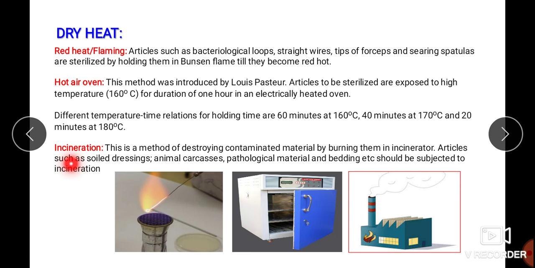Then incineration: here we destroy contaminated material by burning it in an incinerator.